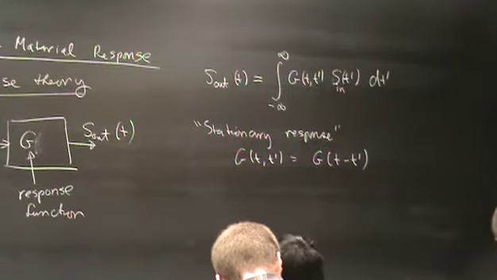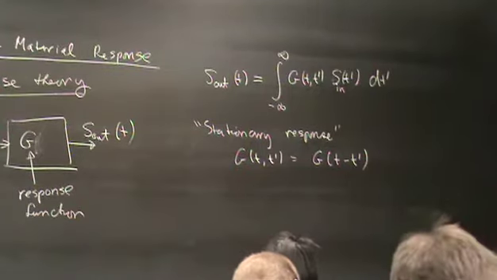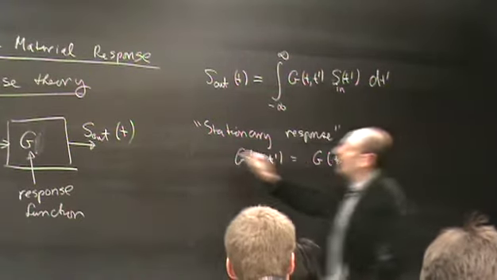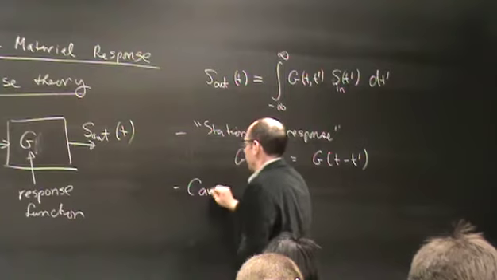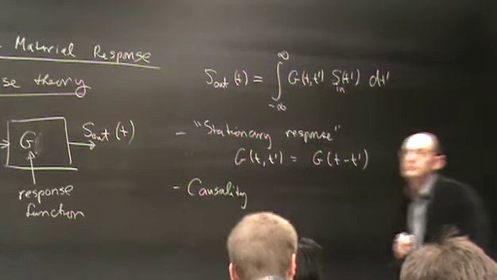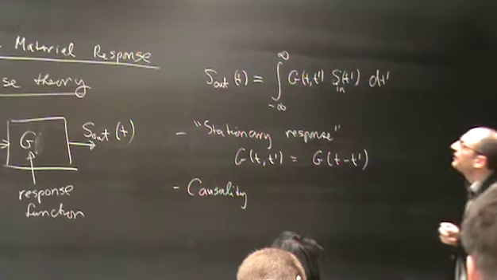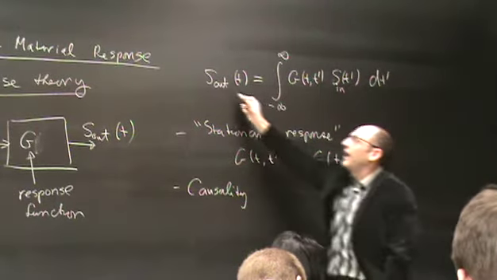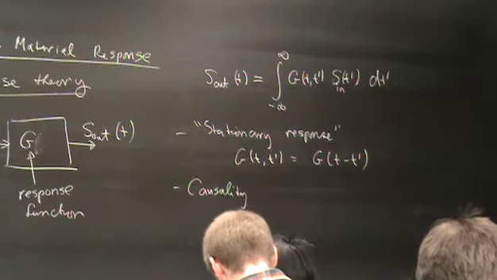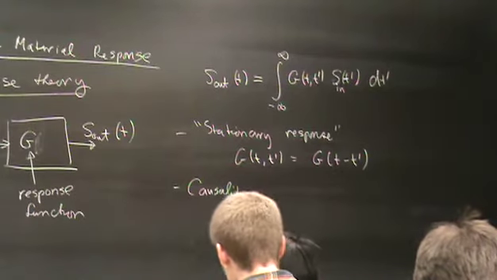We don't have to assume that, but we'll restrict our attention to that. The other thing we want to assume is causality. That is to say, the signal at time t doesn't depend on what the input was doing in the future of t.